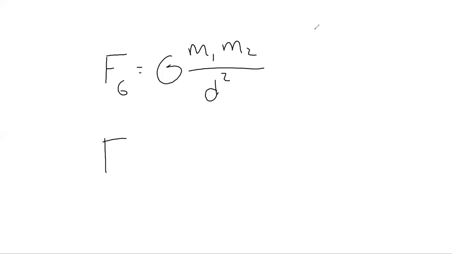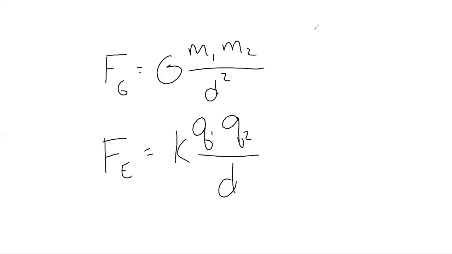Well, the electric force is similar, okay, but they use the K for the electrical constant, and then Q1 stands for the charge of object 1, and Q2 stands for the charge of object 2, okay, but it's still divided by the distance between them squared, okay? So very similar. We'll talk about some differences.